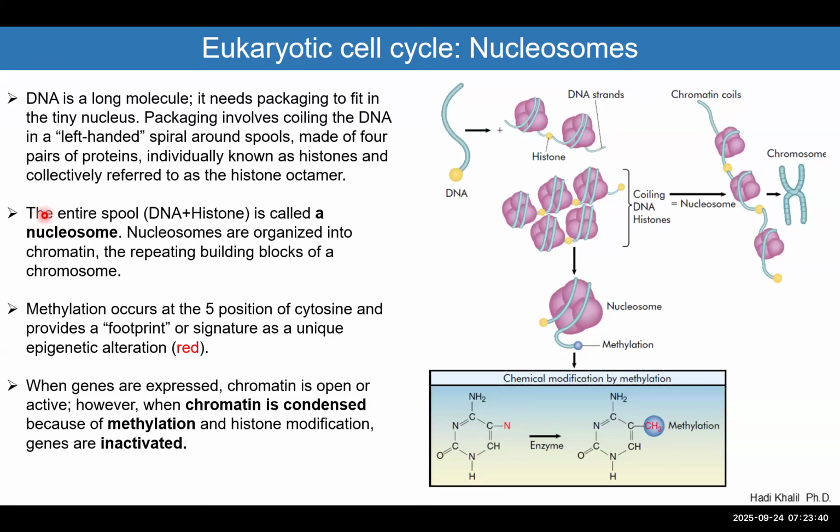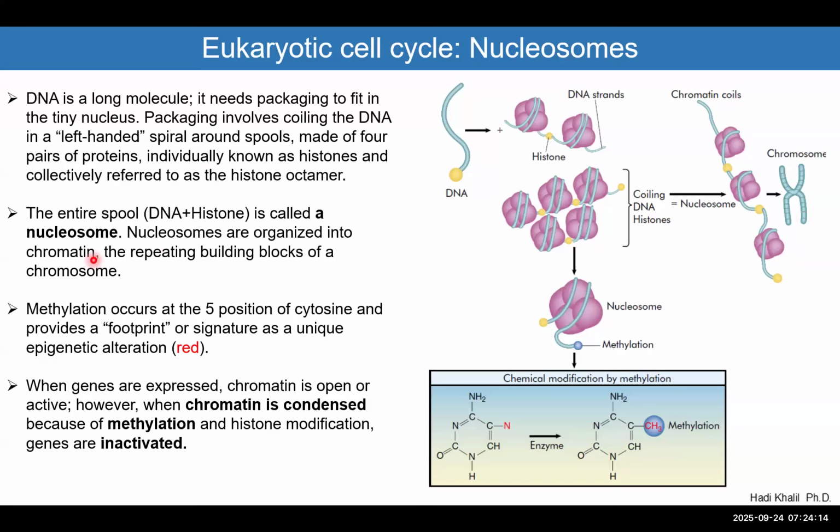Now, these proteins and DNA, called the nucleosome, are bound together, and this gives us a structural organization of this sequence of DNA into what we call a nucleosome that can coil more to generate the chromatin. It's a more condensed structure of the DNA that will eventually lead to the generation of the chromosomes as we know them.